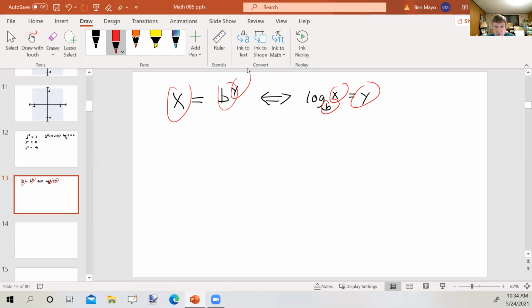We say log base b of x equals y. So the base here is the same as the base there. However, on the left side, we have y attached to the b as an exponent. On the right side, we have x somewhat attached to the b, though it's not an exponent.